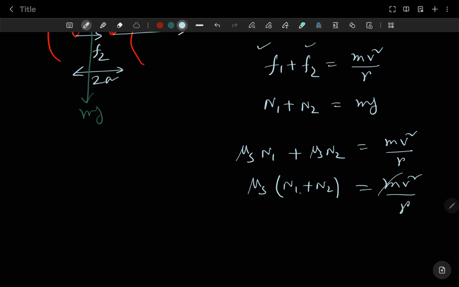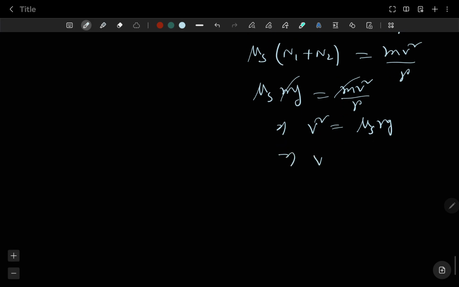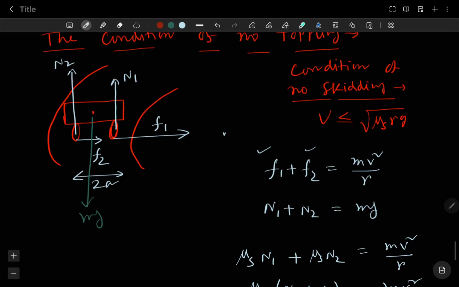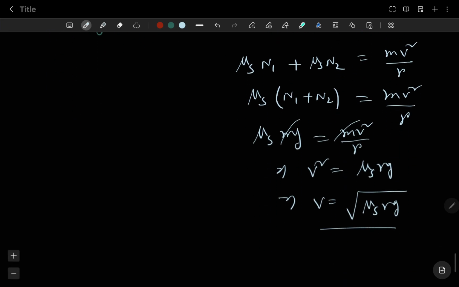Now N1 plus N2 is mg, so we'll get v square is mu s r g, so v equals root mu s r g. So this is the maximum velocity for which it will not skid, sorry, which we already derived. So it's the same result.